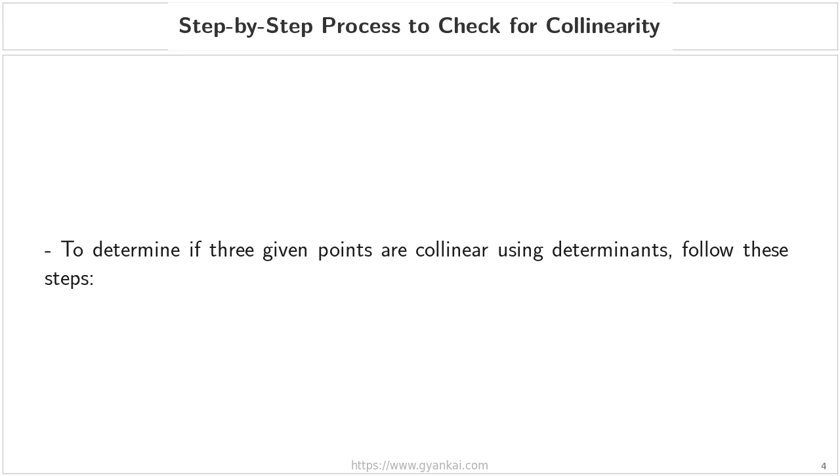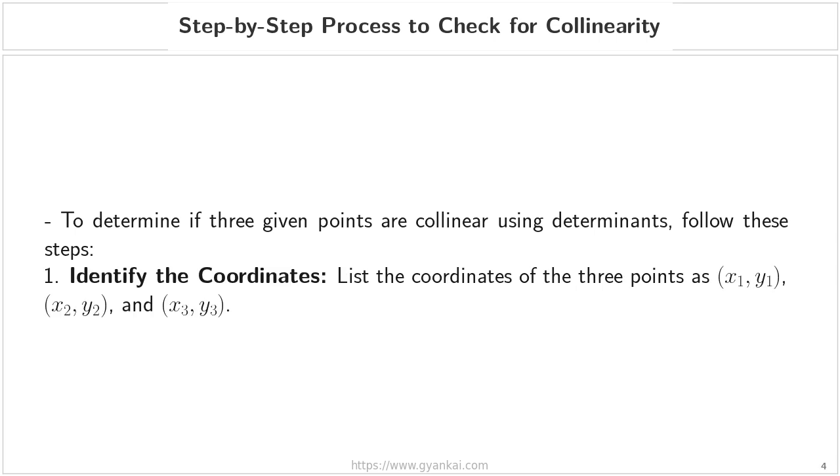Step-by-step process to check for collinearity. Now that we understand the mathematical theory behind why the area becomes 0 when points align, let's talk about the practical application. I want to give you a clear, step-by-step roadmap so you can approach any problem of this type with confidence. First, your very first step is to identify the coordinates.